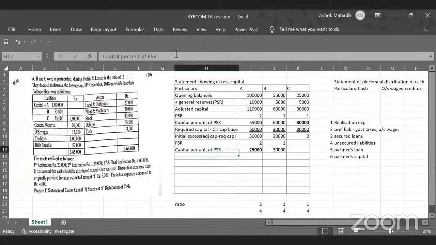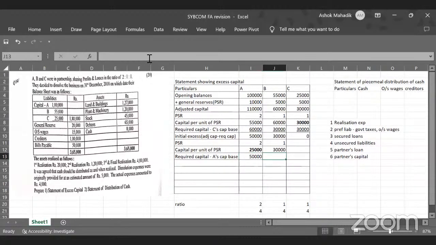Now again we'll calculate required capital, third line. Whose capital will be base? A's capital will be base. So how to get required capital for A? 25,000 and his shares are 2, so 50,000. Clear?